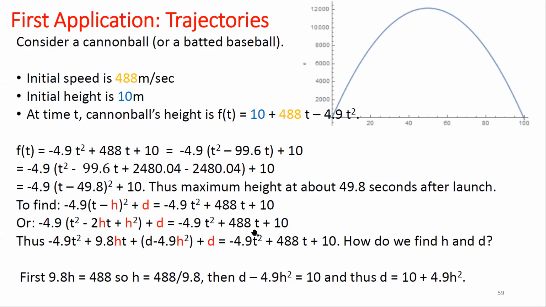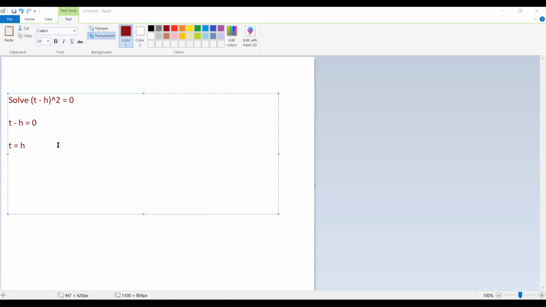So again, what are we doing? Going back to a(t minus h) squared plus d equals negative 4.9 t squared plus 48t plus 10.